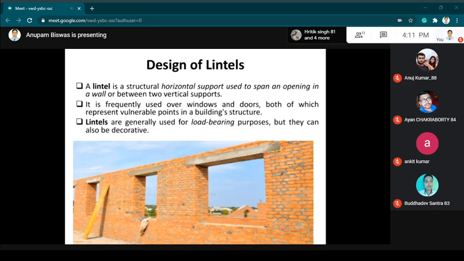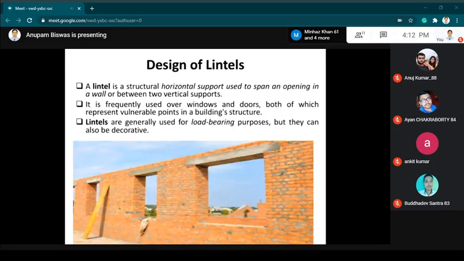Mostly, lintels are provided as a load-bearing structure, and their sole purpose is to hold the masonry above the opening of the doors and windows of a building.